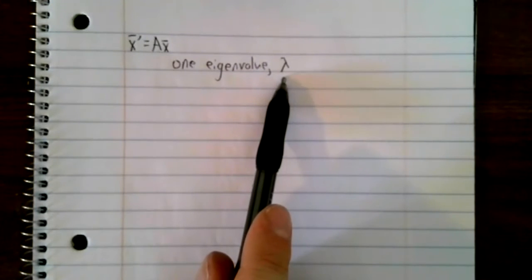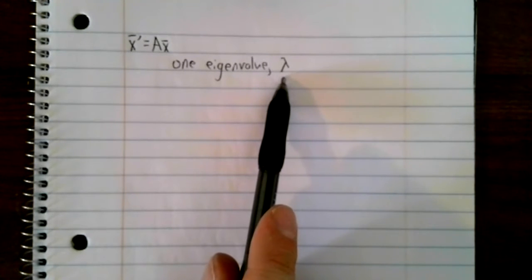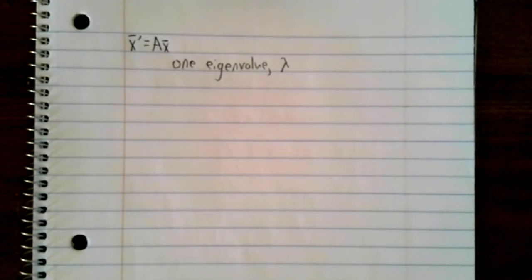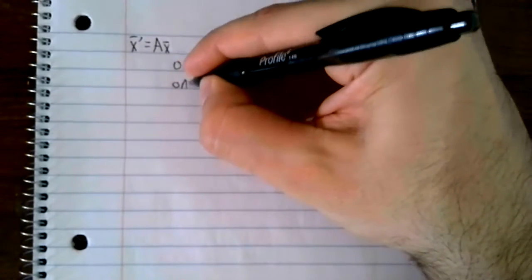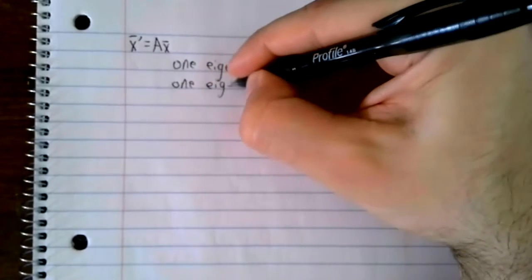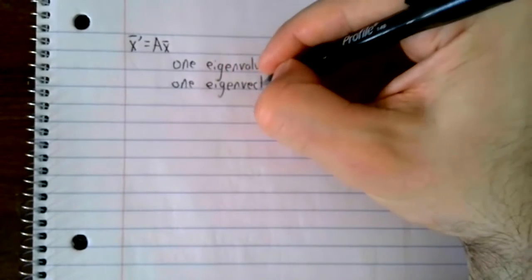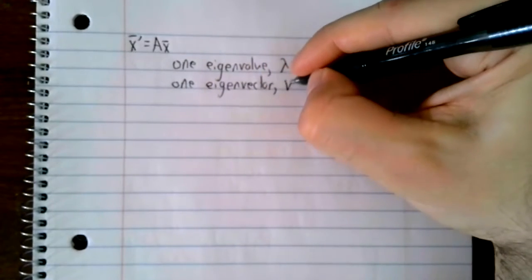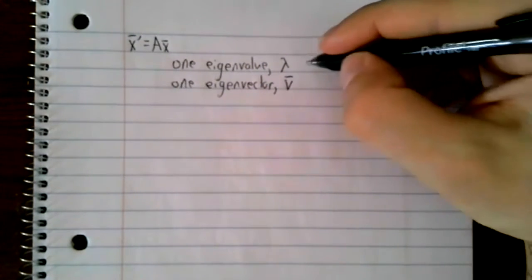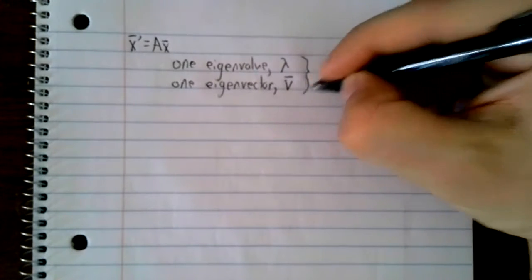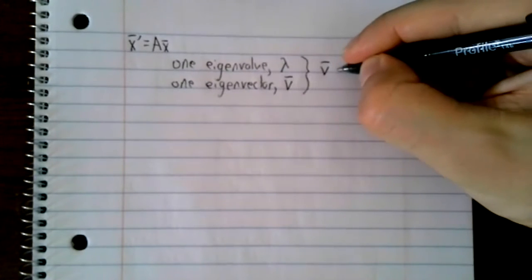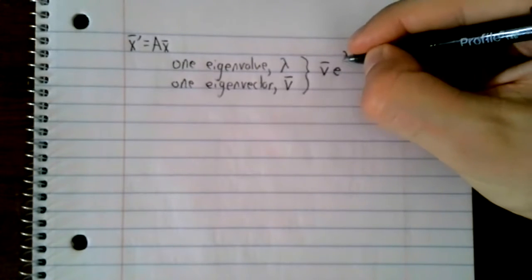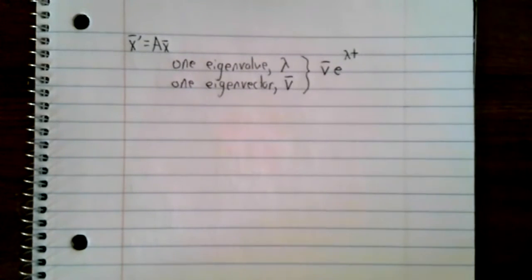If this eigenvalue has two linearly independent eigenvectors associated with it, this doesn't matter, but suppose it doesn't. We can only find one linearly independent eigenvector v. Well, this allows us to create one solution, v e to the lambda t.